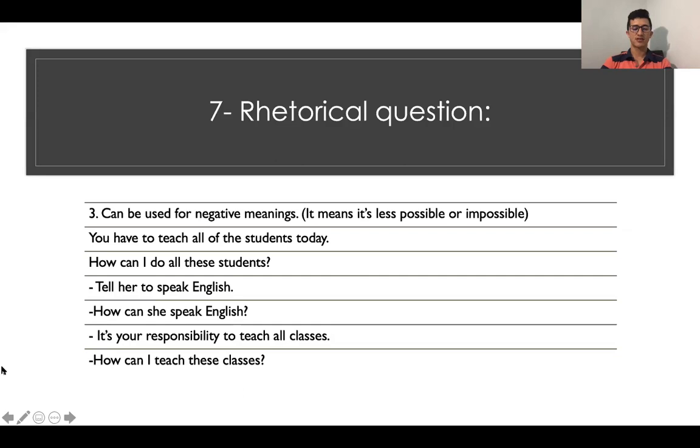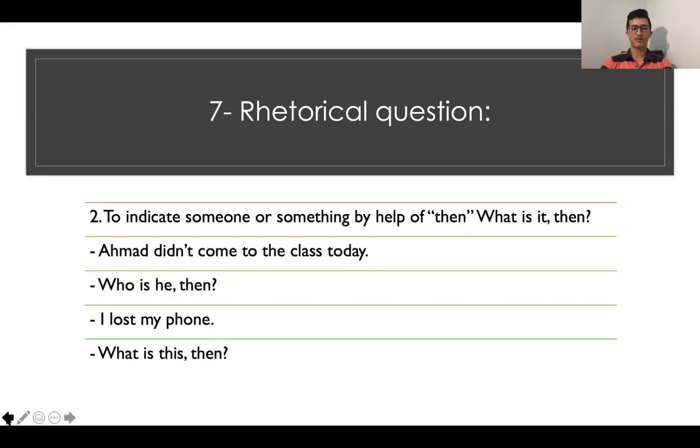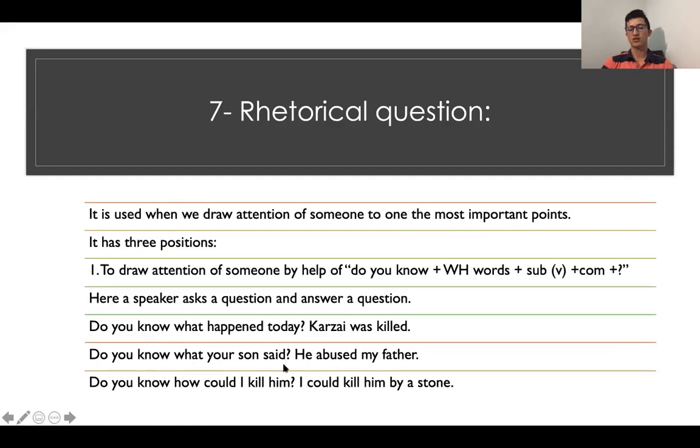So we studied two other types also. Give me one example for that also, please. So like this, do you know what your father bought for you? He bought a new car for you, like that example.